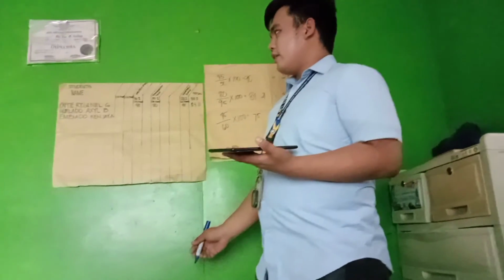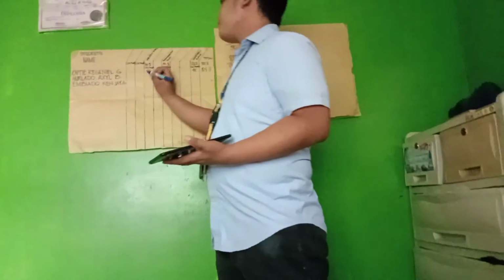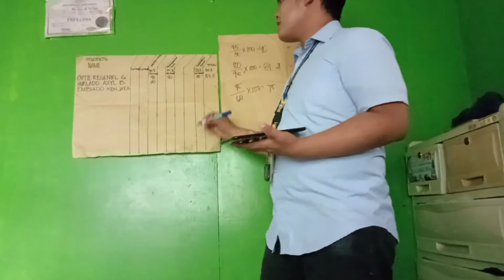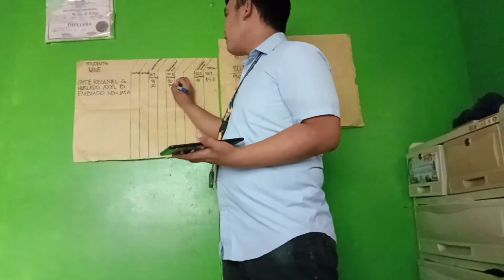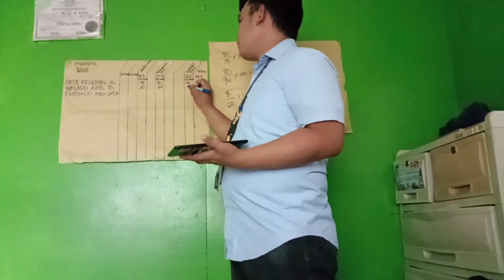Now, the second example is Mr. Horlado. For written works, out of 50 points, he got 30, while his performance task got 75, and his quarterly exam is 40.